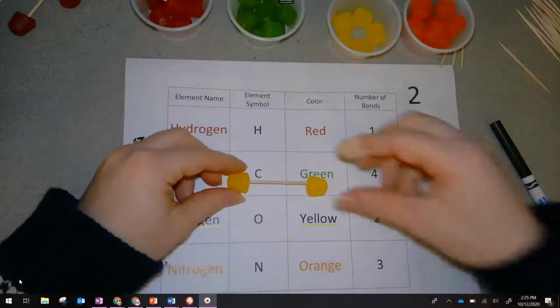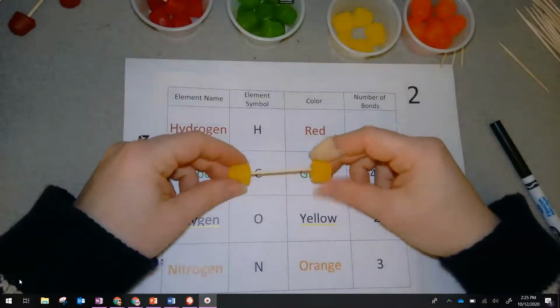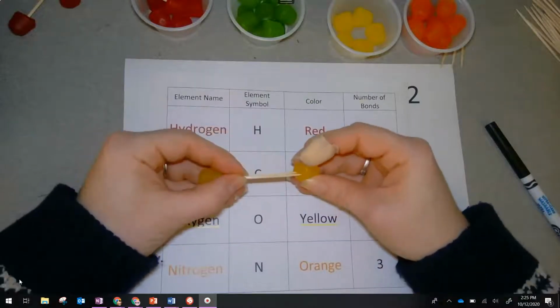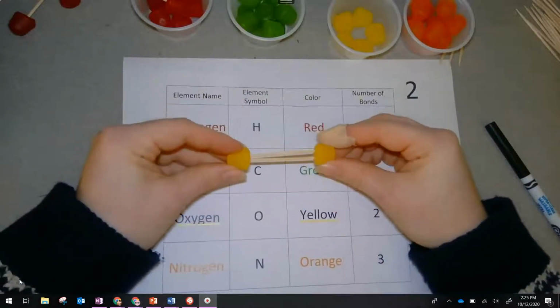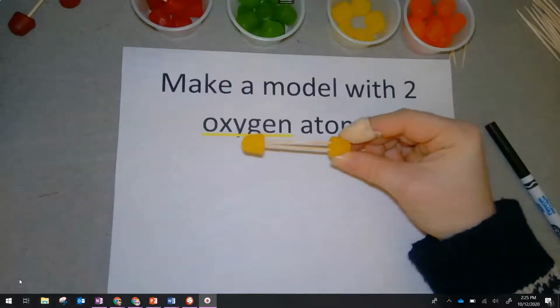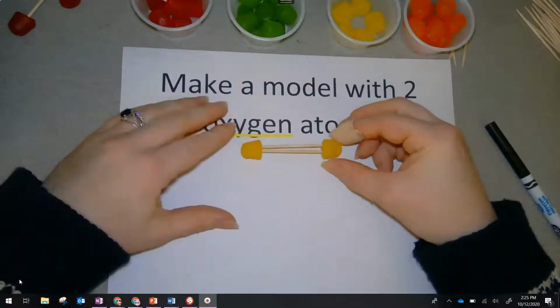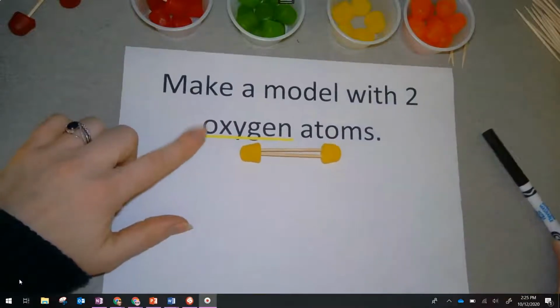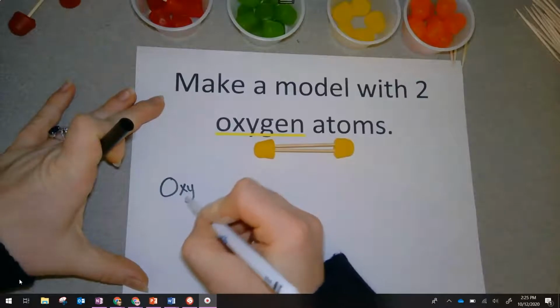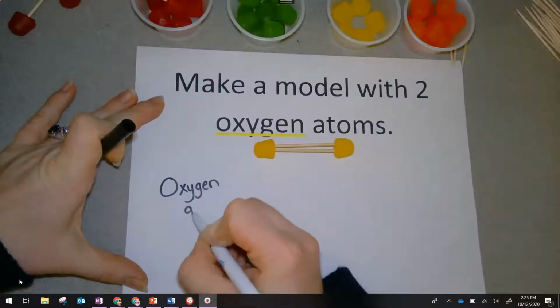And the instructions don't tell us to add more atoms. So what we actually have to do is add a bond in between those two atoms. So this is the model for a model with two oxygen atoms. And this is elemental oxygen or oxygen gas.